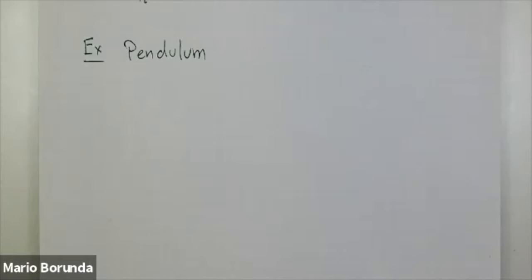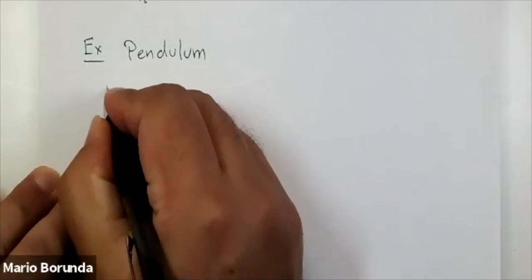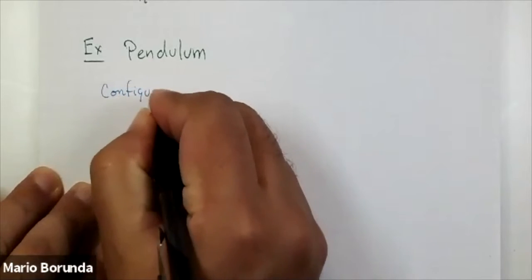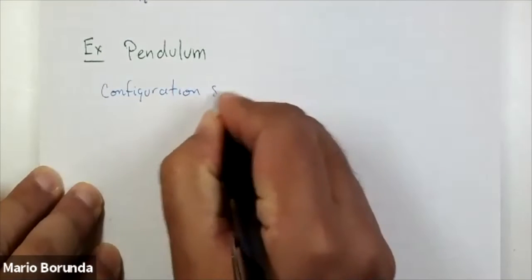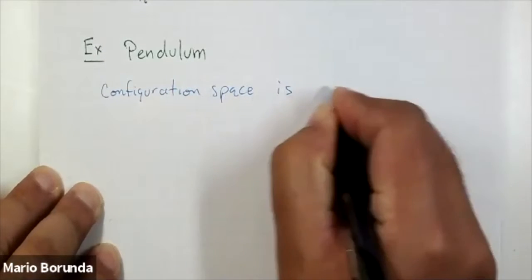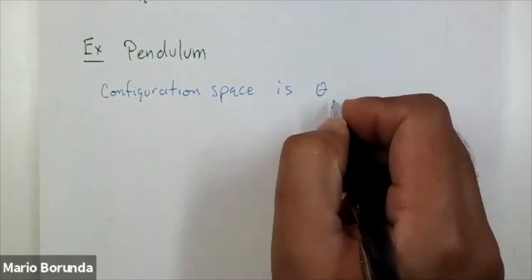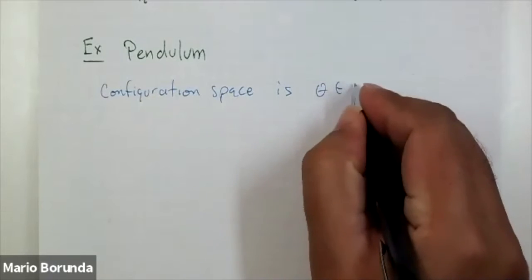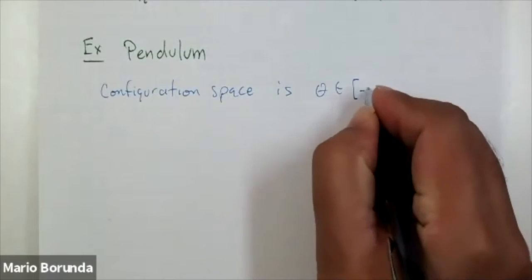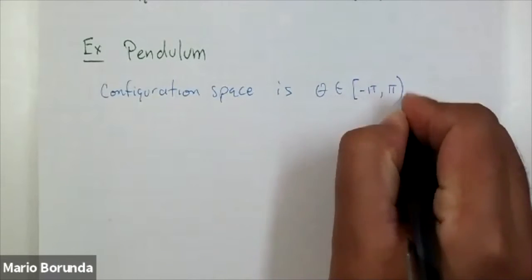So if we look at theta for the pendulum, configuration space is theta, and this theta can go from negative pi to pi, right?